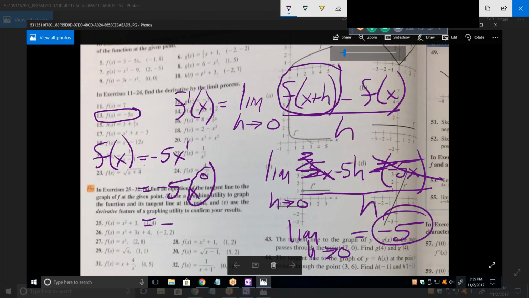So the power rule tells you that if you have a linear function, the derivative is whatever its coefficient is. So I got to minus 5 in 2 seconds using the power rule. Using the limit process took me a lot longer to get there.